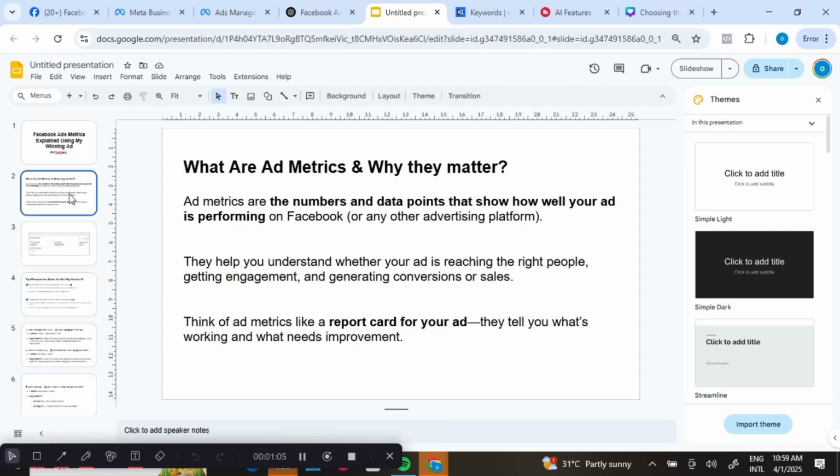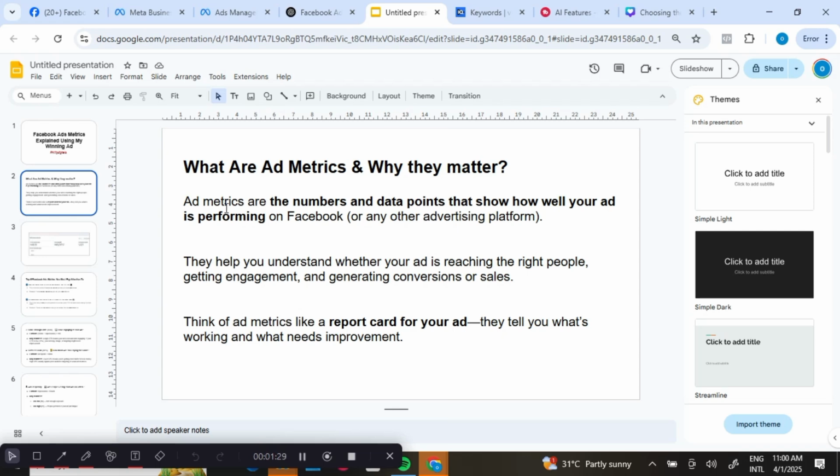So the first thing we look at is what are ad metrics. Ad metrics are the numbers and data points that show how well your ad is performing on Facebook. Anytime you hear metrics, they are usually numbers that give you feedback on what you are doing.